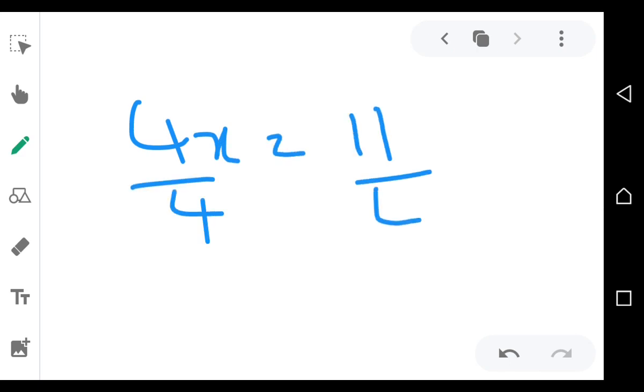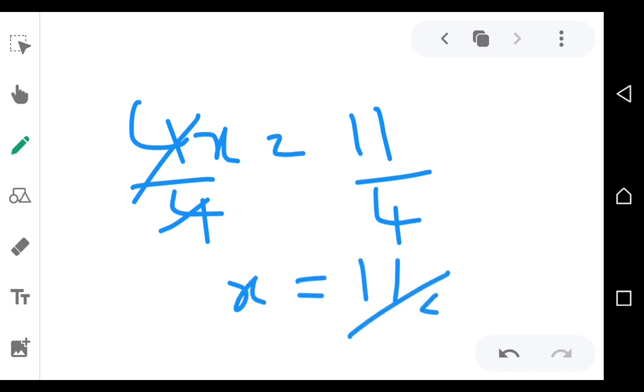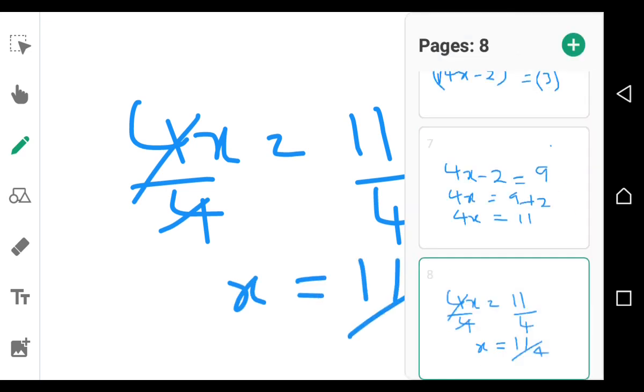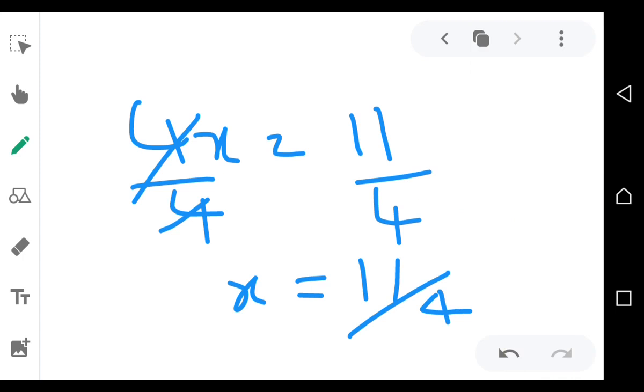So 4x is equal to 11. You divide by 4, you divide by 4. So x is equal to 11 over 4. Okay, that's the answer. That's all. That's how you solve these. They are not complicated.